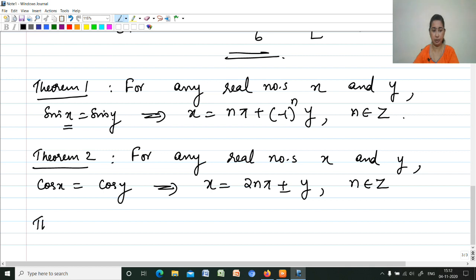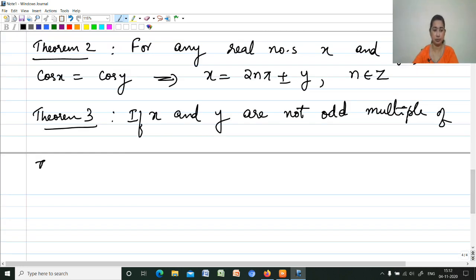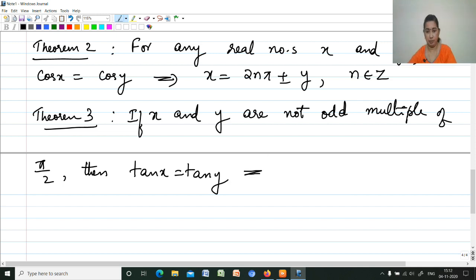Now, if both are in terms of tan, if x and y are not odd multiples of pi by 2, then tan x equal to tan y implies x equal to n pi plus y, where n is an element of z.